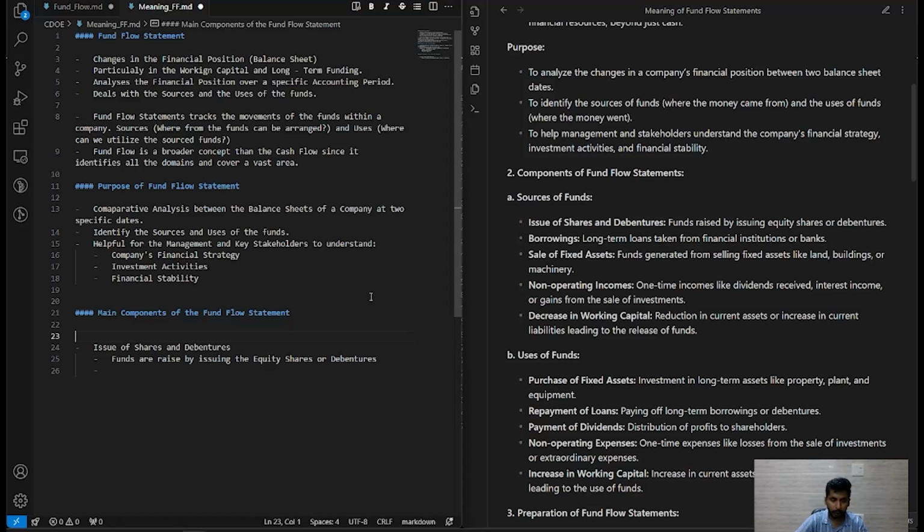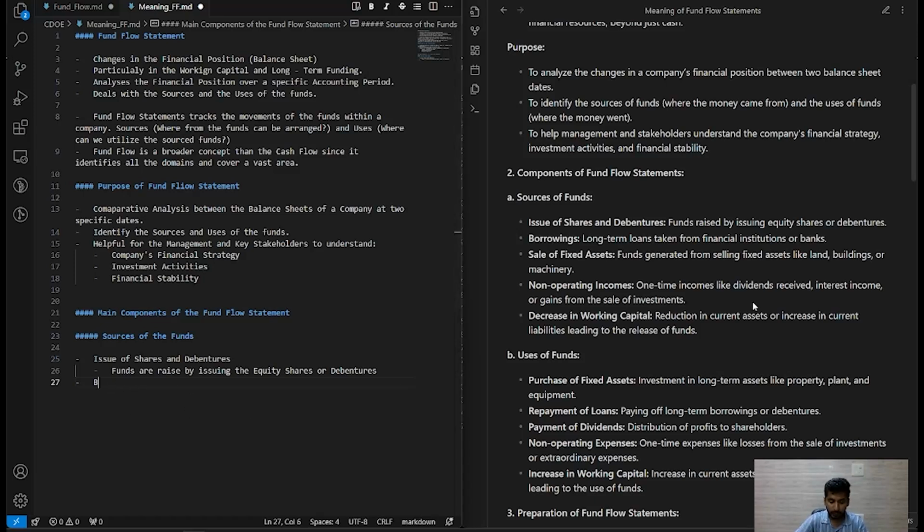We are here talking about the sources of the funds, which includes the issue of shares and debentures, and the shares are issued so that the funds would be raised.